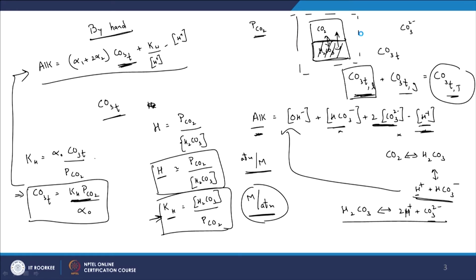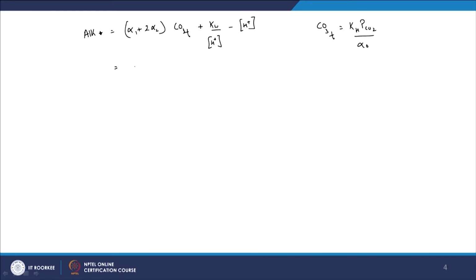Is that right? Yes, that is right. So I can plug this into this equation. Now I will have alpha 1 plus 2 alpha 2 into Henry's constant, obviously it is a constant, partial pressure of CO2 by alpha naught, plus Kw by concentration of H plus, minus concentration of H plus.